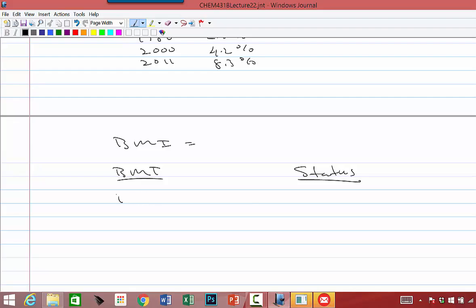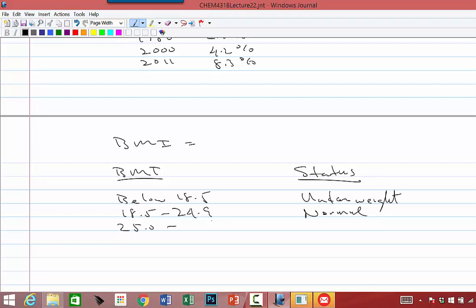So when you're below 18.5, you're considered underweight. When you're between 18.5 to 24.9, you're considered normal. When you're between 25.0 to 29.9, you're considered overweight.